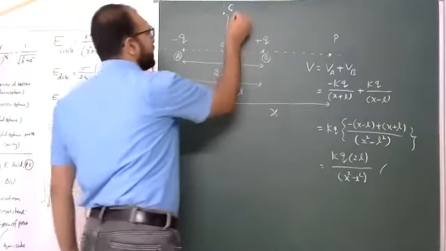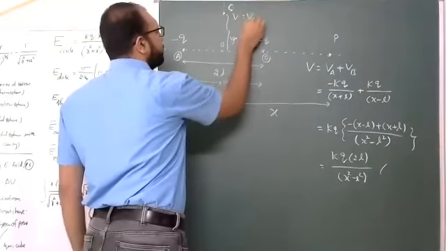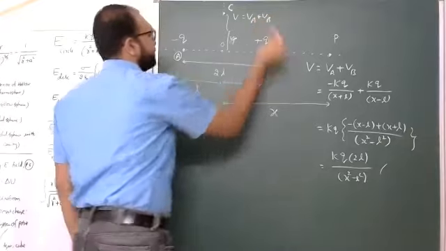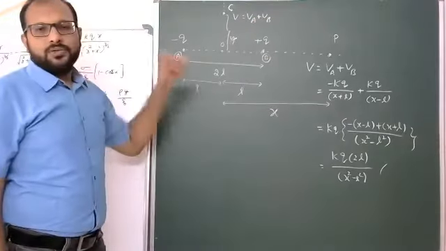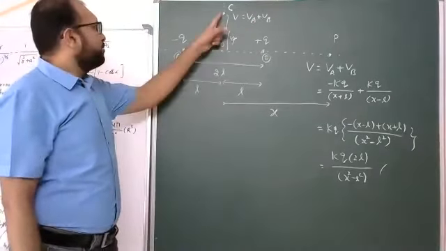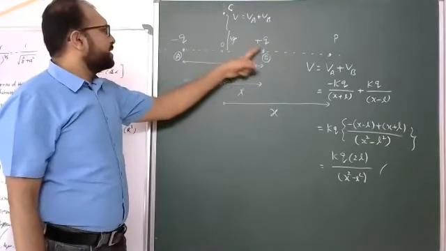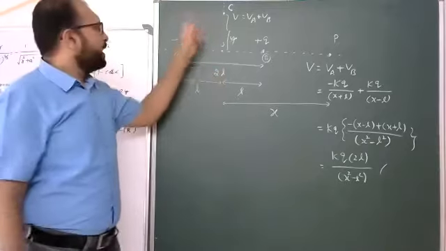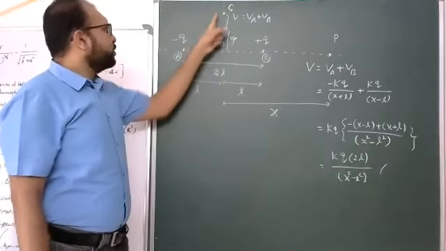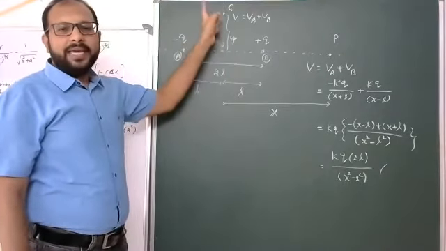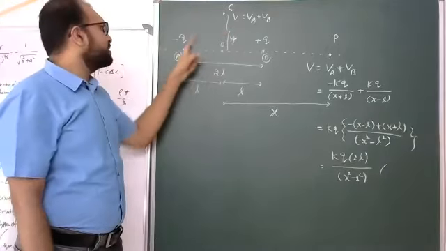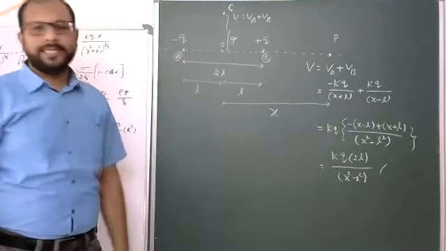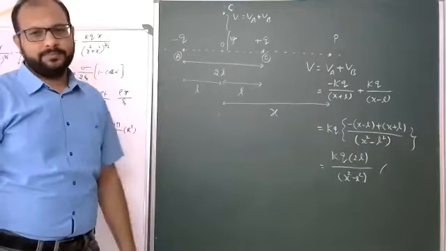Yes, again, students, here V equals VA plus VB. But now, students, carefully observe. Here to here distance and here to here distance are the same. That's why due to minus Q the potential is minus KQ divided by this distance, that is under root L square plus y square.